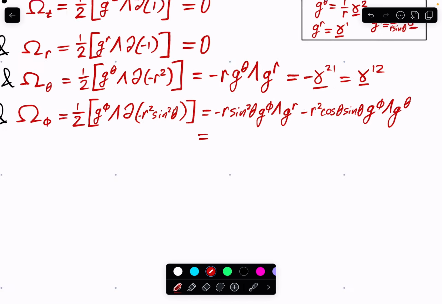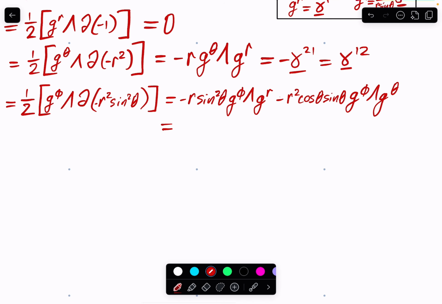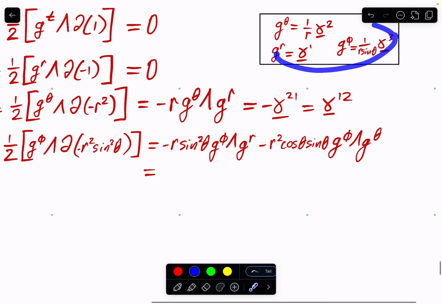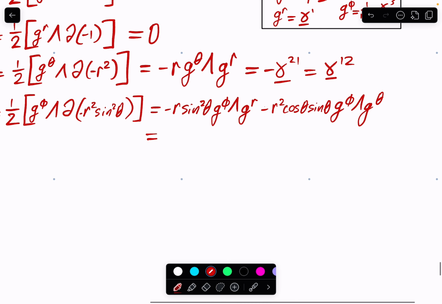When we simplify this, plugging these in, we get sine theta gamma 1, 3, and then plus cosine theta gamma 2, 3.